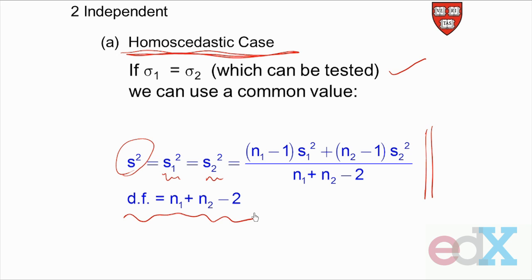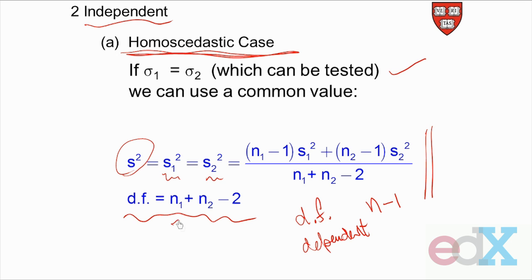Now, here we see what price we paid when we had the dependent case instead of the independent case. Remember in the dependent case, we took the differences, didn't we? And then we had a sample of size n. Let's say n1 was equal to n2, so just call it n. And we had a sample of size n, so the degrees of freedom was n minus 1.